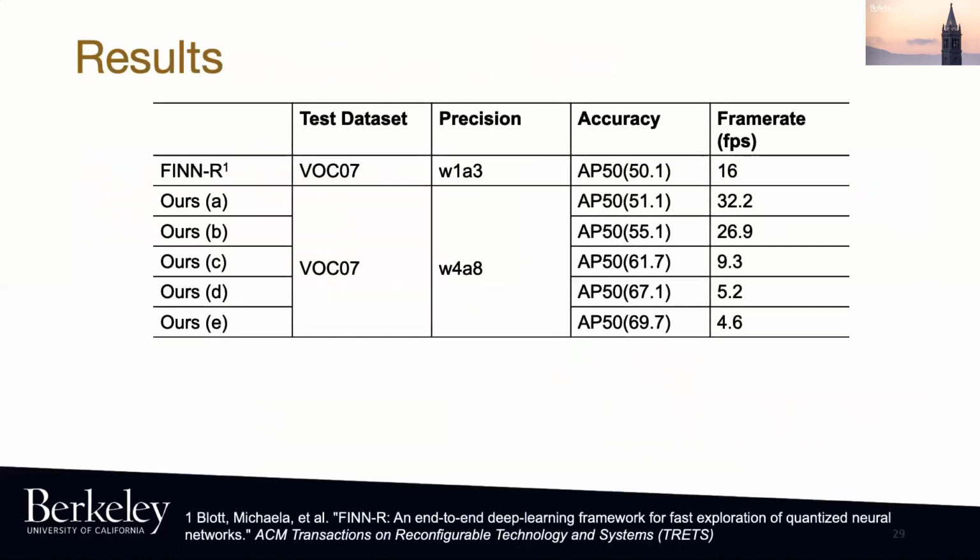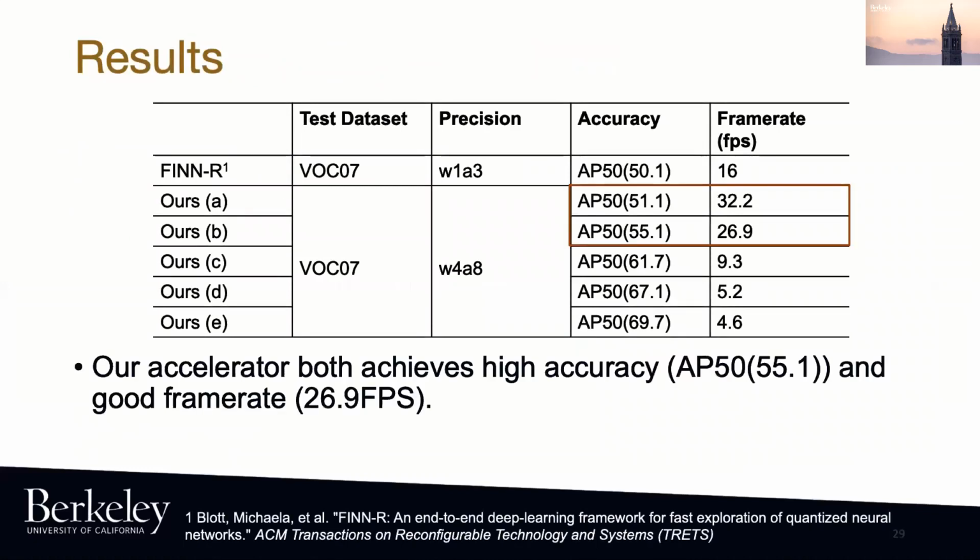As shown in this table, compared to the results we got from FINN that targets VOC on the same FPGA platform, our configurations A and B with single batch inference frame rates of 32.2 and 26.9 can achieve both higher accuracy and higher frame rate.